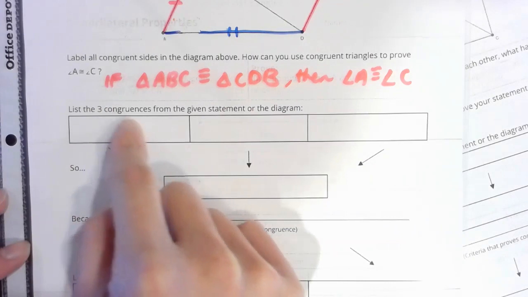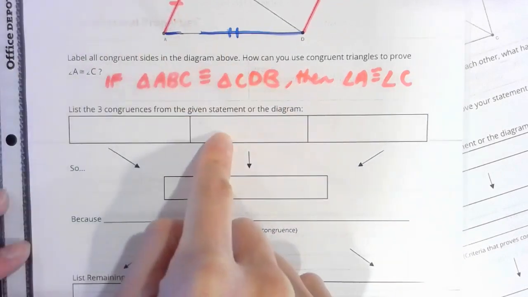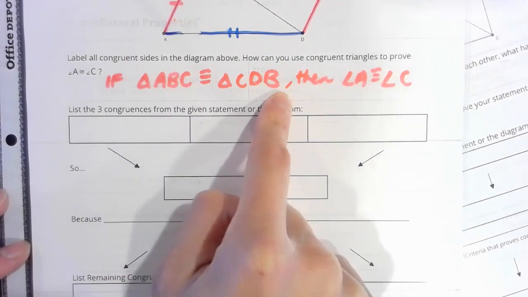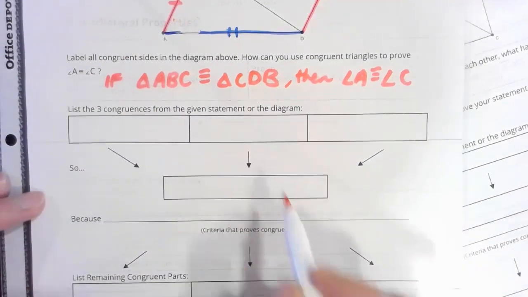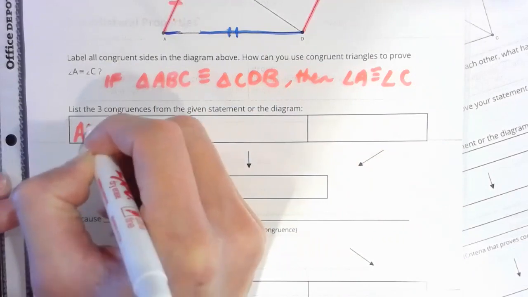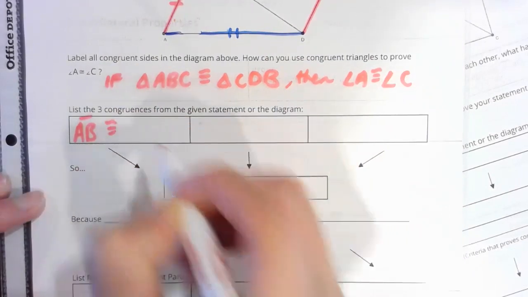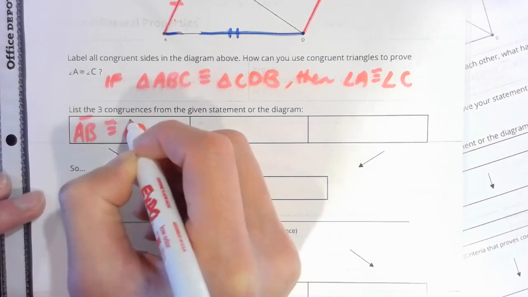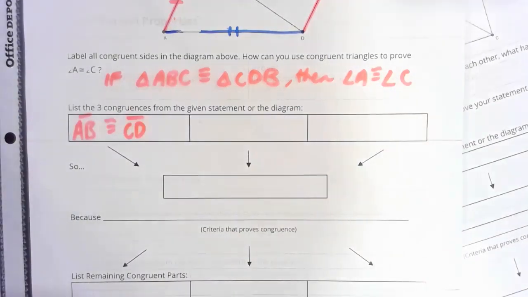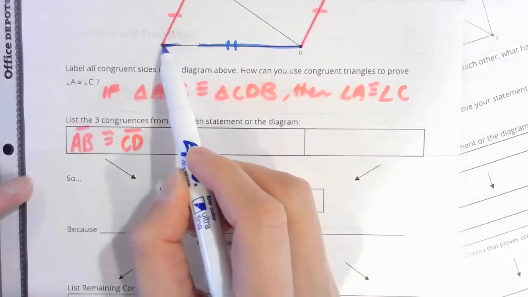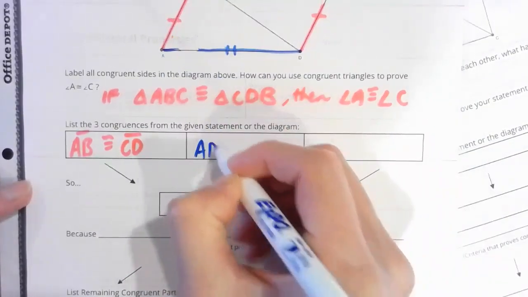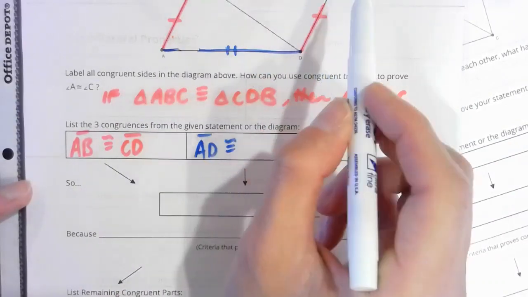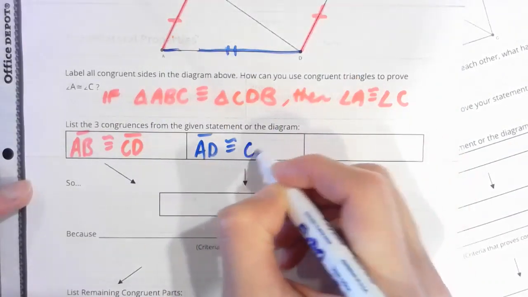Okay, let's list the three congruences from the given statement. And remember, we wanted to prove that triangle ABC is congruent to triangle CDB. Between the two triangles, we know that side AB is congruent to side CD. We know that side AD is congruent to the top side CB.